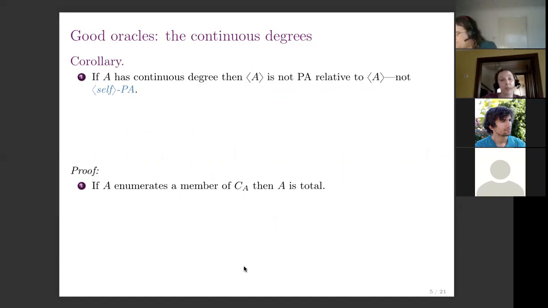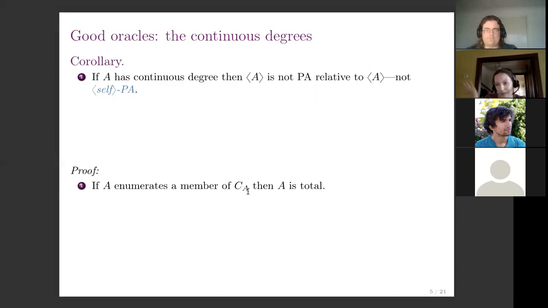And the proof is very simple. If A is PA relative to itself, A would enumerate a member of every Π01 relative to A class, in particular this coding one, CA. But then if A enumerates a member of CA, that member enumerates A back, so A is equivalent to that member, so it's a total set.